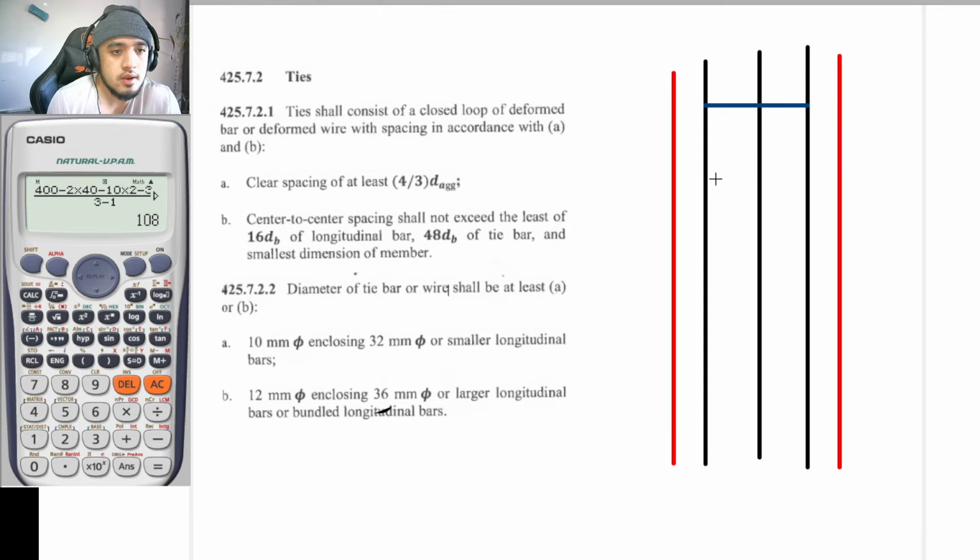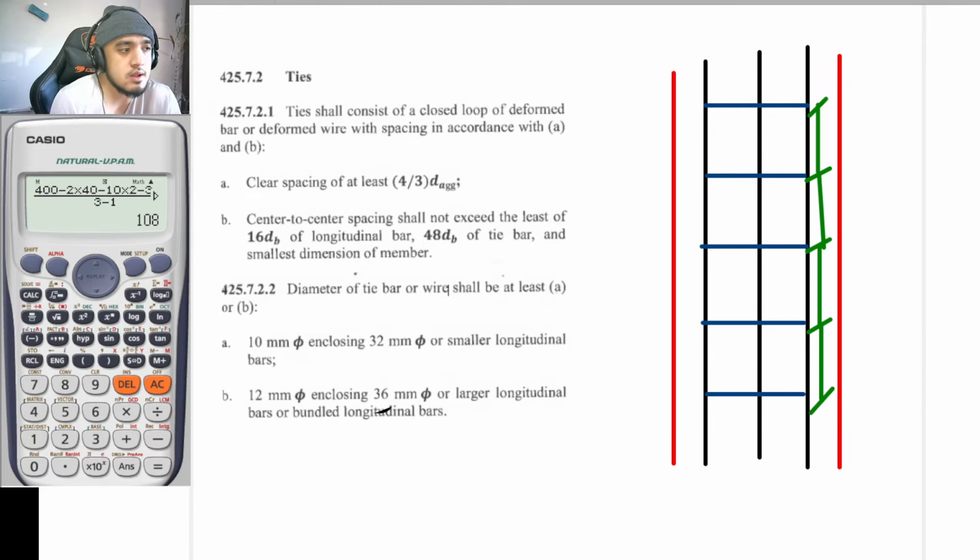So this is to be your lateral ties. And for these lateral ties, of course, they must be spaced equally. So for this spacing, and this spacing, we would be solving for this spacing. And let's say that those are to be the spacing S. Okay, so for your spacing S, we would be making use of this provision. So the clear spacing should be at least 4/3 diameter of the aggregates.